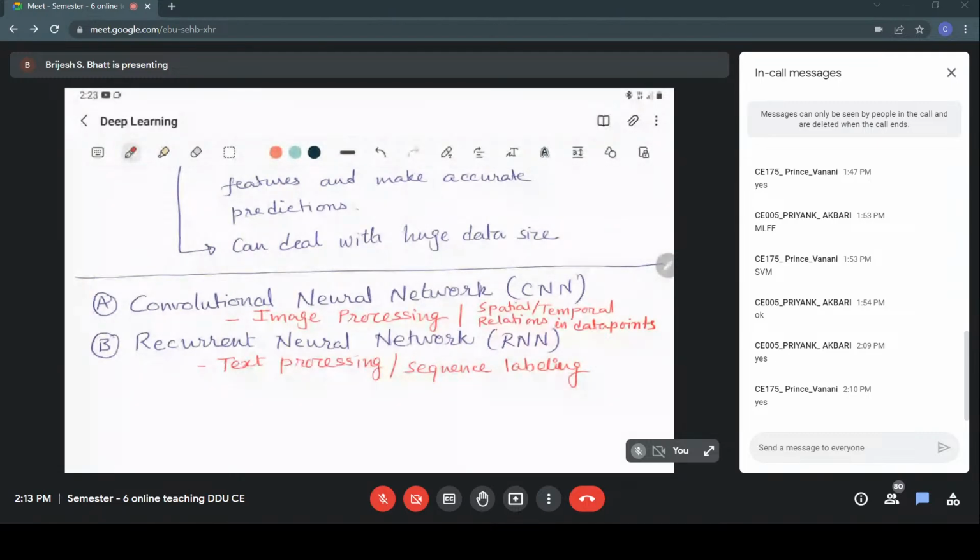Spatial and temporal data points relation is explored, and recurrent neural network, as I said, explores sequence labeling.